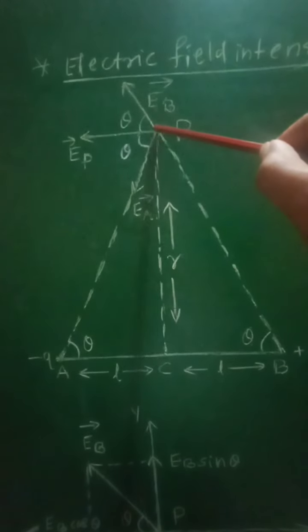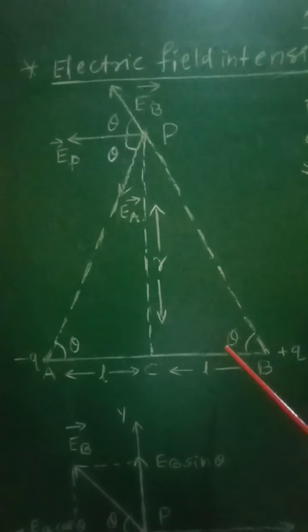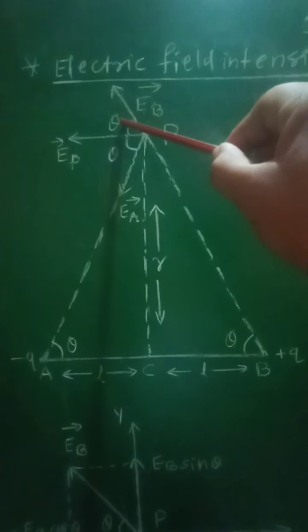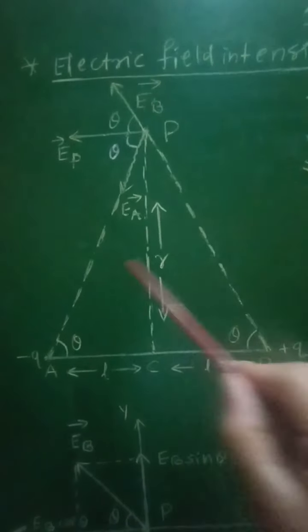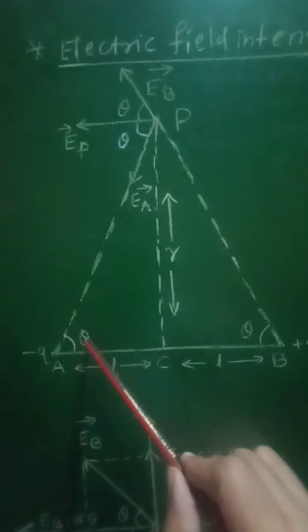Then this EB will be along line PB, and therefore as this angle is theta, this will be theta. Similarly, as these two sides are equal, this will also be theta.